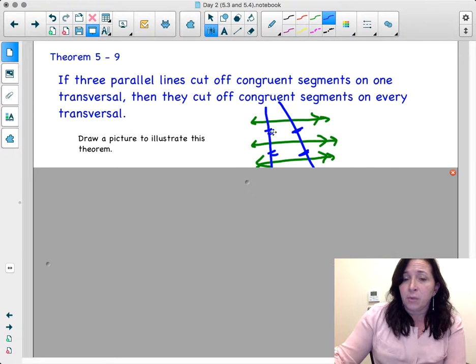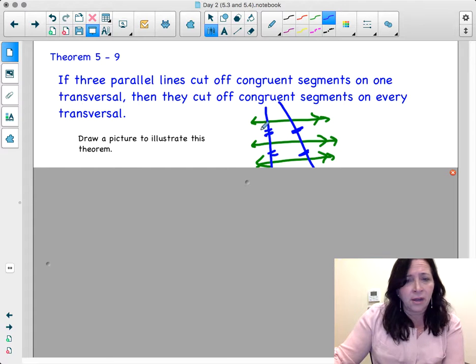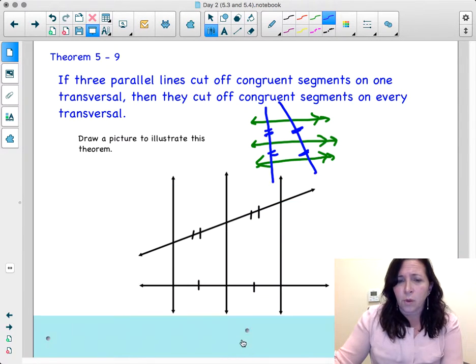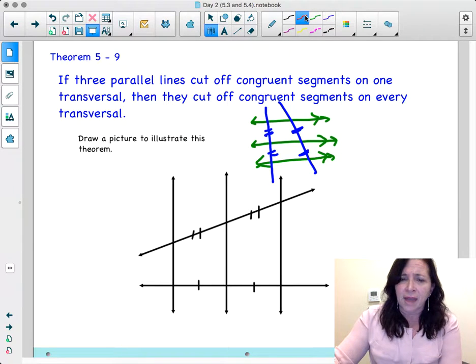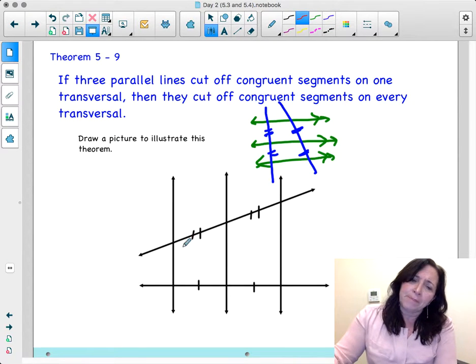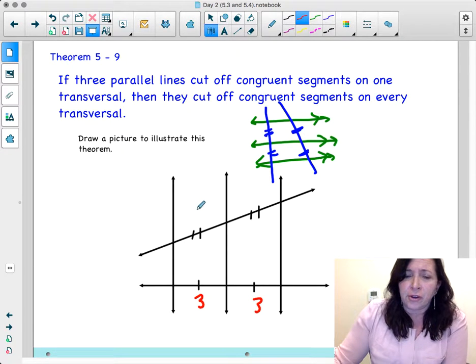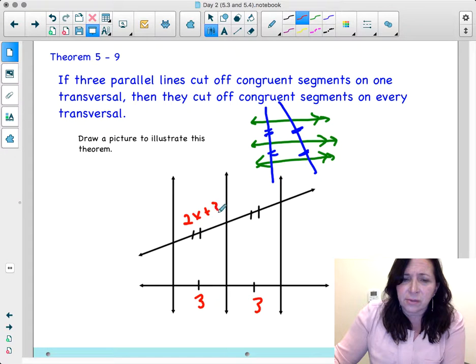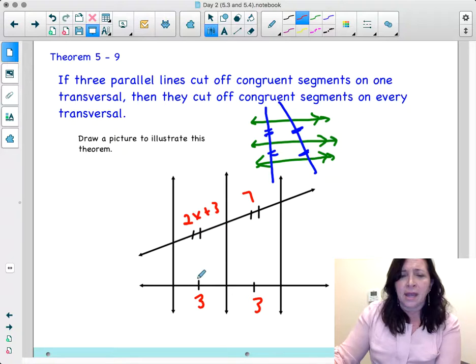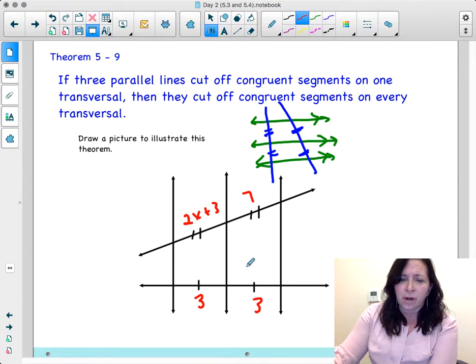A very important thing to remember is that this segment does not equal this segment here. Those are different. So what you would do with something like that is maybe say these are threes or any number, to show that they're congruent. And I might say that this is 2x plus 3, and I'm going to say that this is 7. And of course, these are not equal to each other. Please don't make these equal to each other.